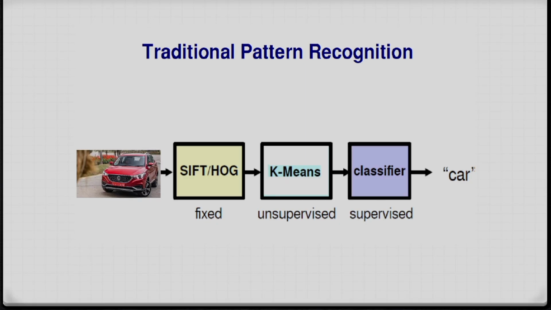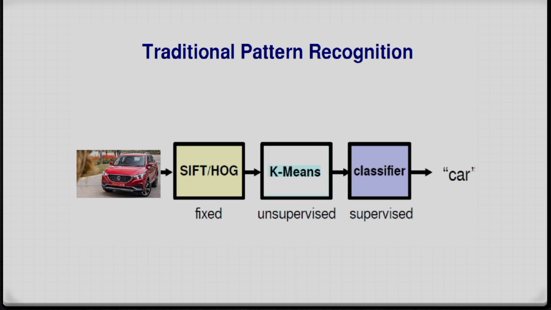So let us see the difference between the traditional pattern classification system and the deep learning techniques. You can see here in this block diagram, I have shown one traditional pattern recognition system. The input is the image, one image I am considering, and for classification or recognition of objects, I have to extract features from the image.